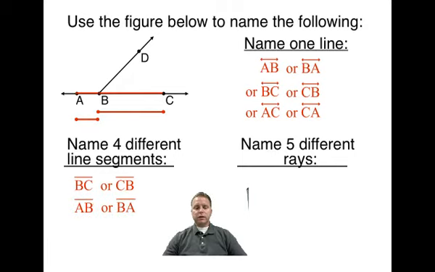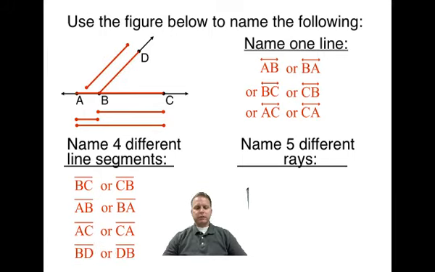We also have CA. We could also have BD or DB. So there's 4 potential line segments.